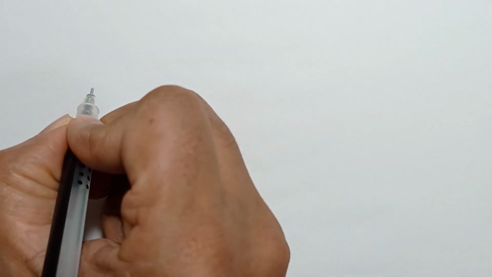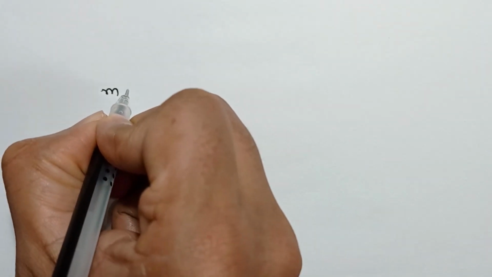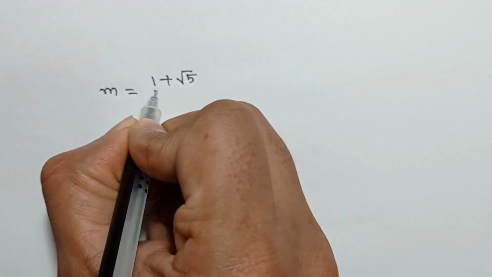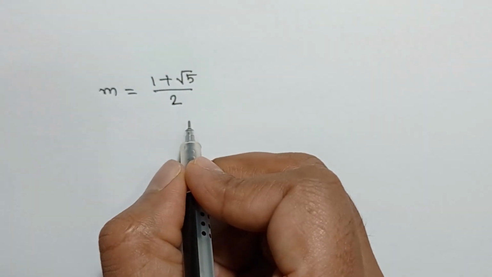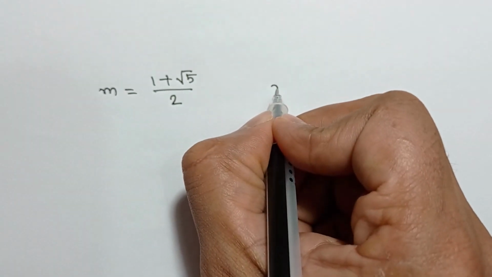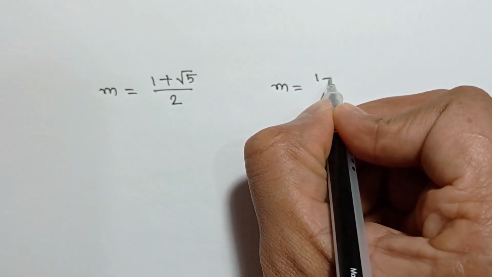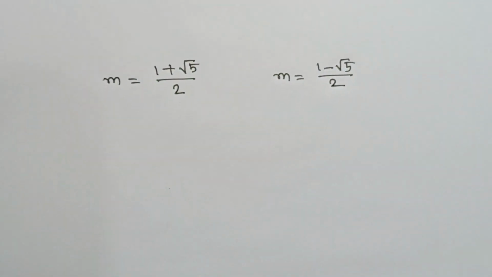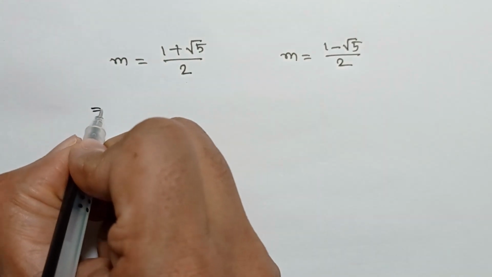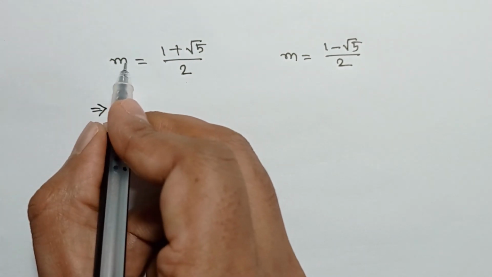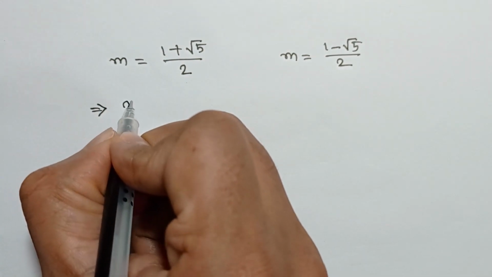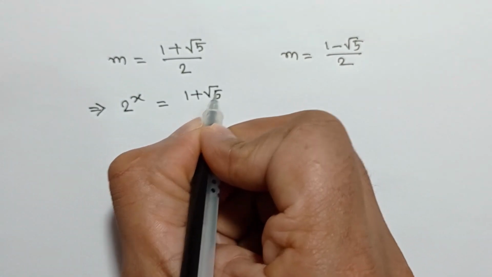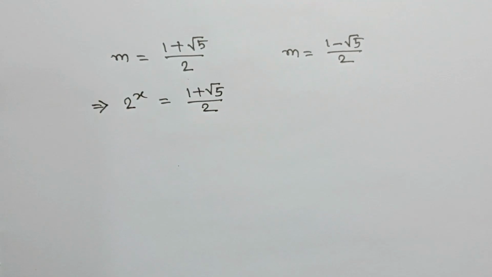Taking positive, m is equal to 1 plus square root of 5 over 2, and taking negative, m is equal to 1 minus square root of 5 over 2. Substituting the value of m is equal to 2 to the power x, 2 to the power x is equal to 1 plus square root of 5 over 2.